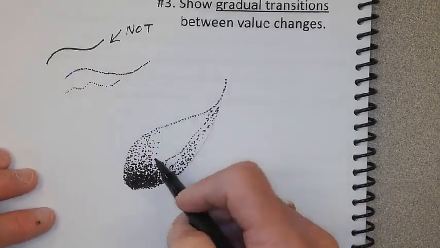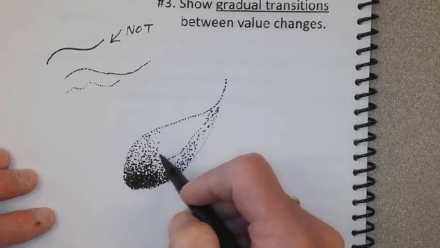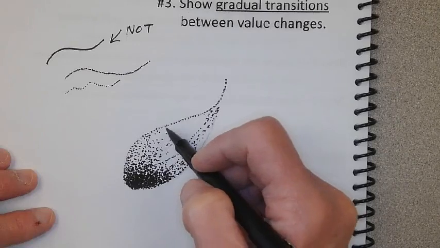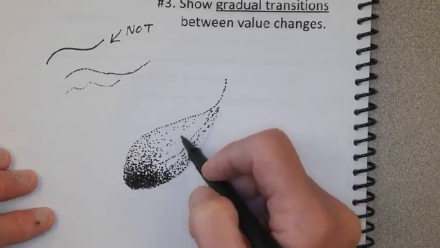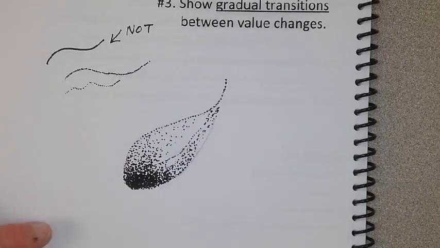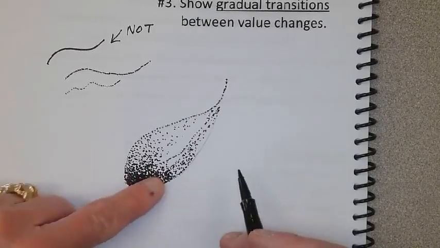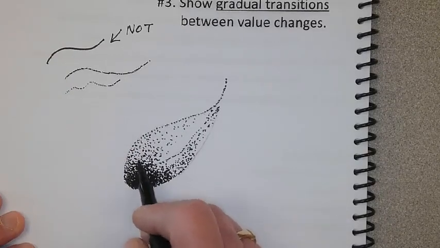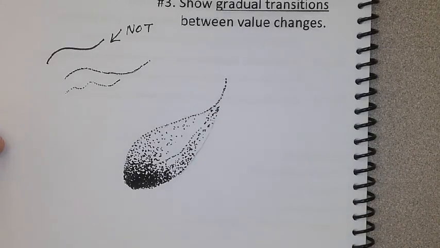And say that I want this area light. If it was a pencil, I'd do light shading. I'm just going to put a few dots in here. Now, notice how I took this gradual that had a line right there and I bled it out. That's a more desired look.